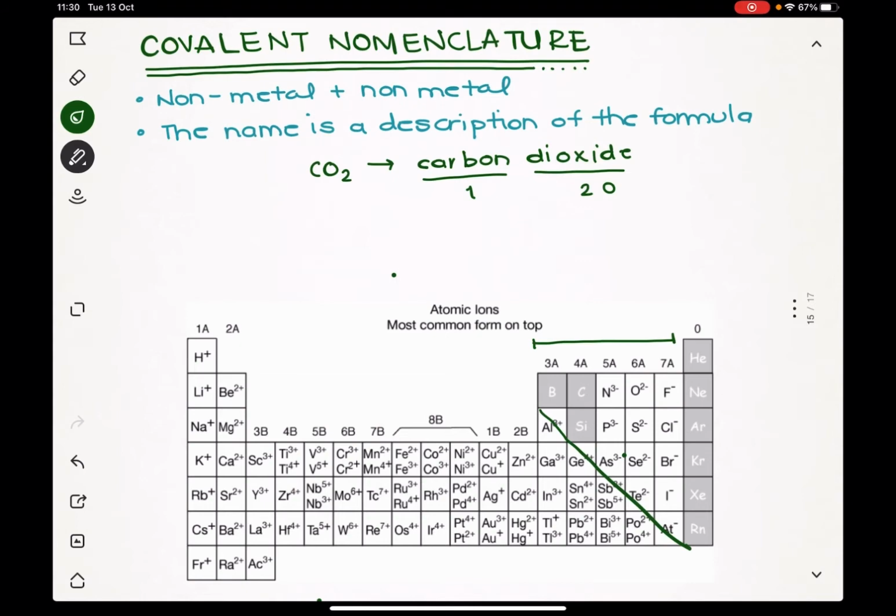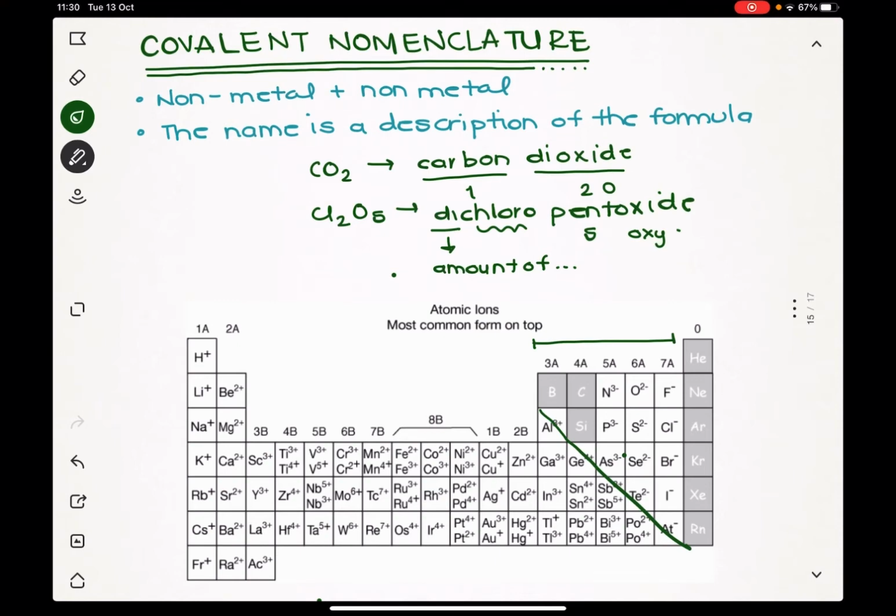So if we have, for example, dichloropentoxide, so the name of this is dichloropentoxide. So what do we have here? We have how much, so amount of chloro, and then we have 5 oxygens.